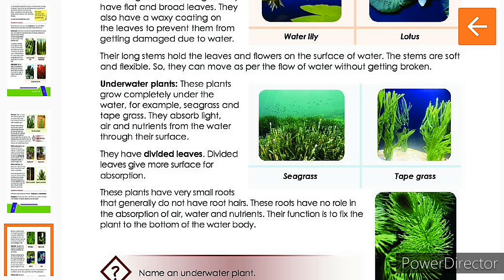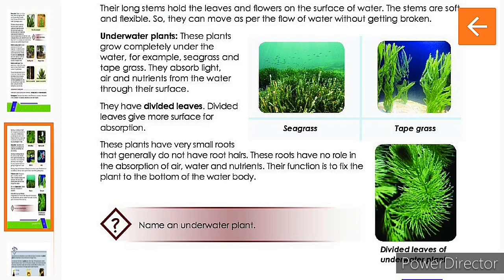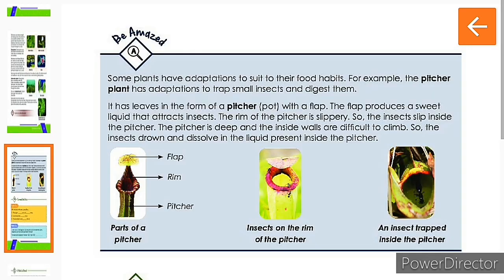But here the roots have no role in absorption. They only function to fix the plant to the bottom of the water body.